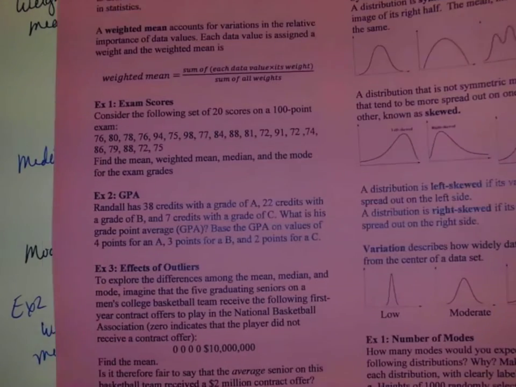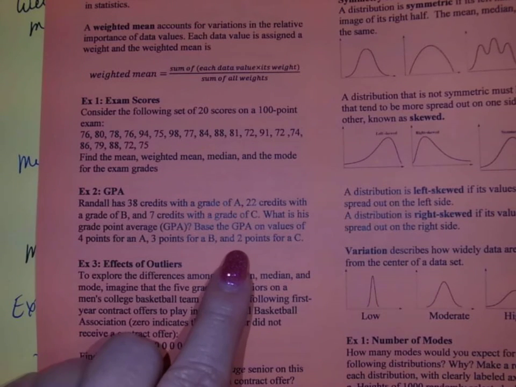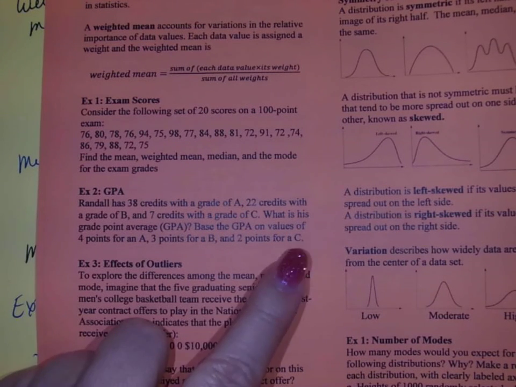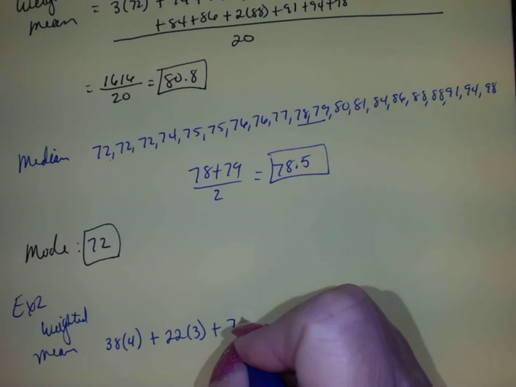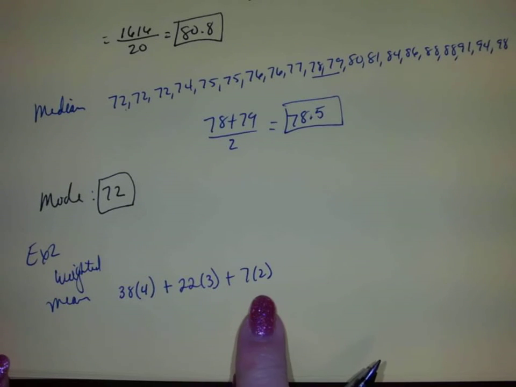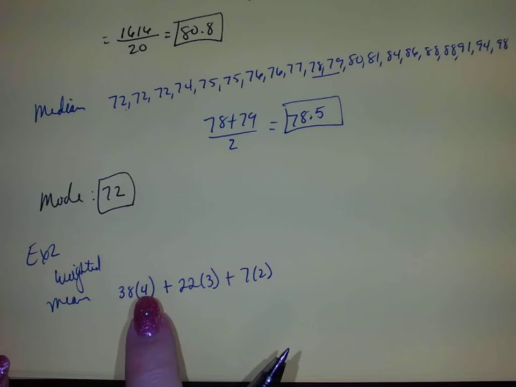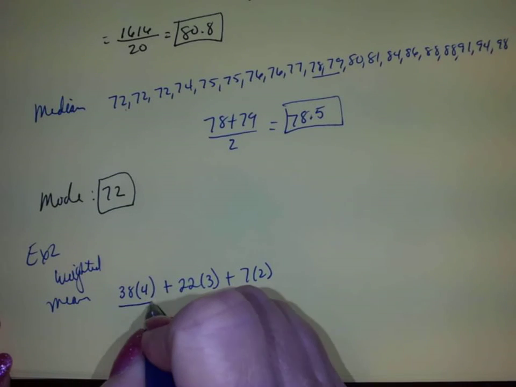And then he had 2 points for a C. And of the C's, he had 7 credits. So this is where it's a little bit easier to do the weighted mean than it would be to add 4 38 times, which is the other thing you could do.